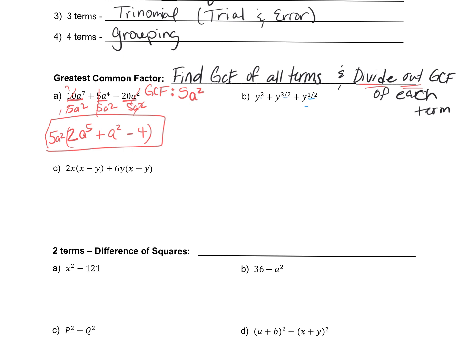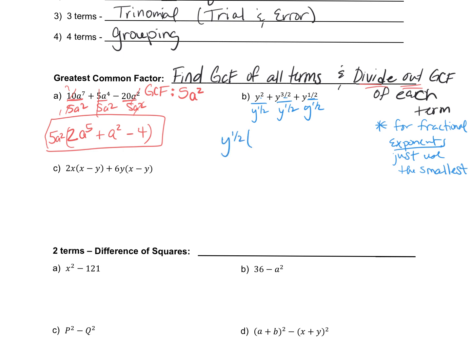As an overall rule, when you have fractional exponents, just use the smallest. So the smallest exponent for us is 1/2. So again, I'm going to divide everything by y to the 1/2, and I have y to the 1/2 on the outside.